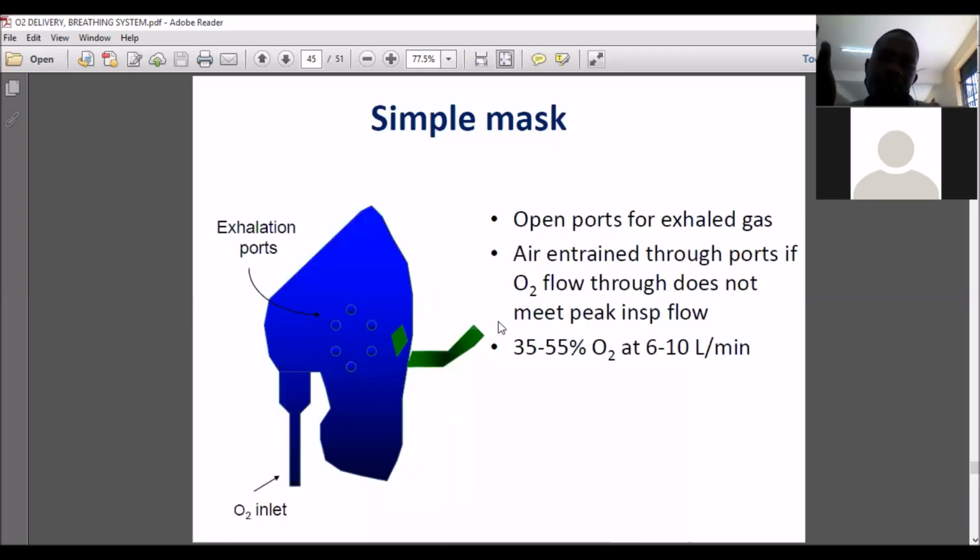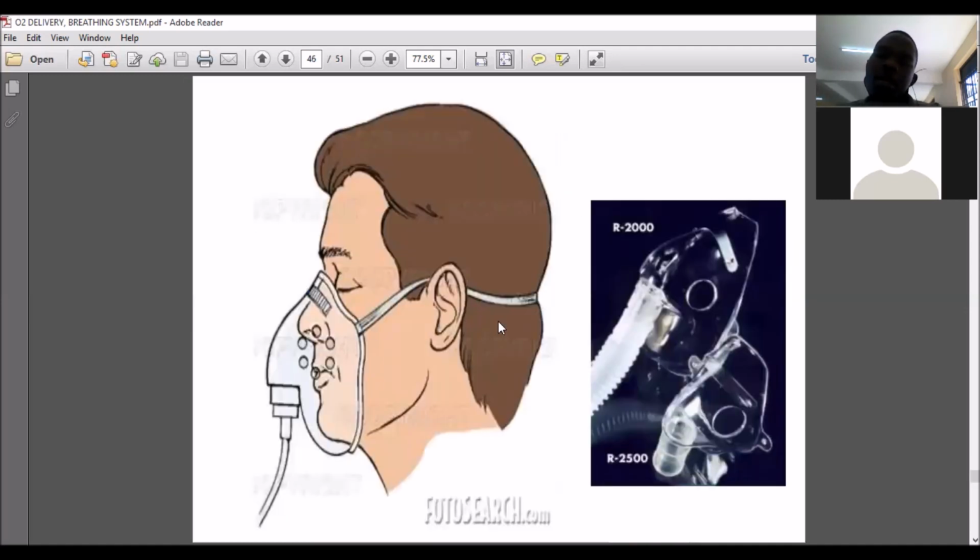Then a simple mask. The simple masks, they're the ones that don't have the bags, the reservoir bags, okay? Open ports for exhaled gases. So these are the simple masks. For them, they don't have the bag. But if it is a rebreathable one, it has the bag and not closed, and the exhalation just allows part of the air to leave and part you're rebreathing it.